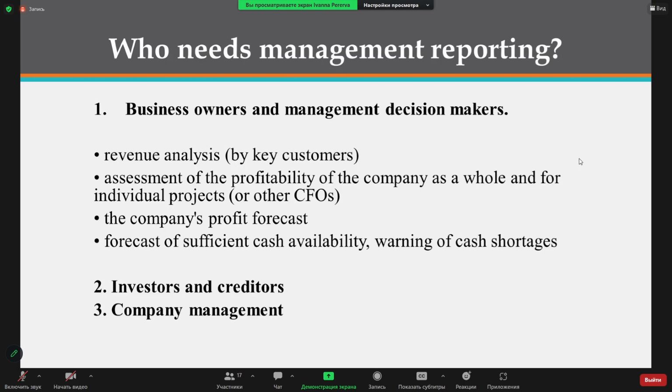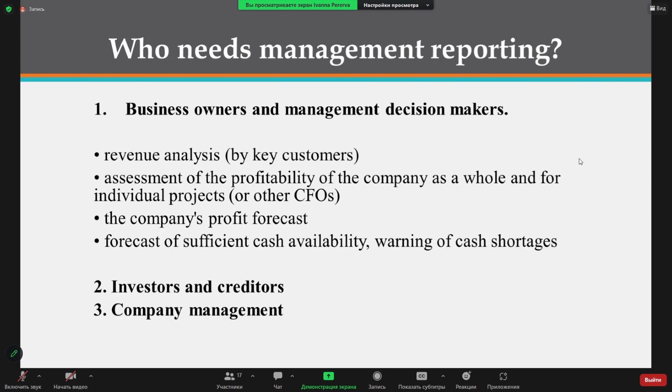At the same time, it's often necessary for investors and creditors to prepare management reports with forecasts for future investments or for our future loans. It's the second group who can use our reports.